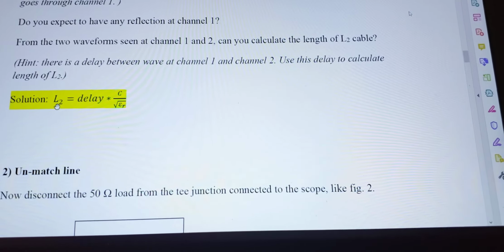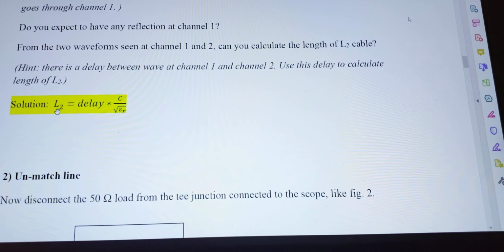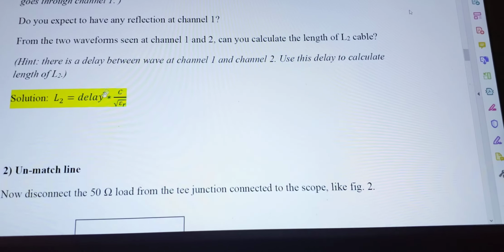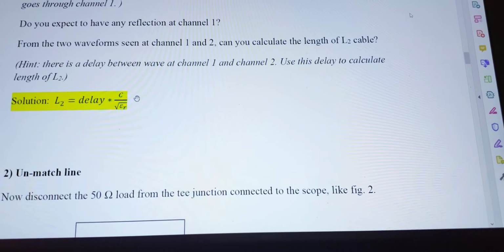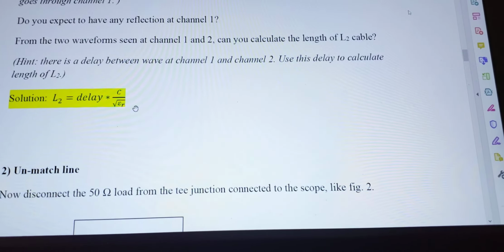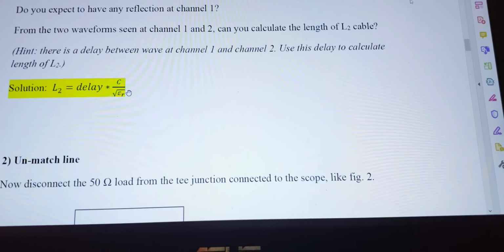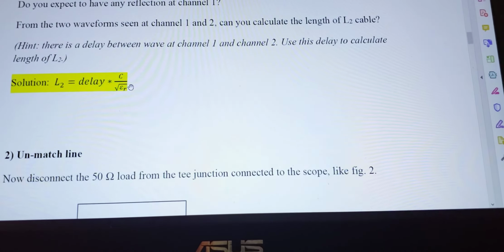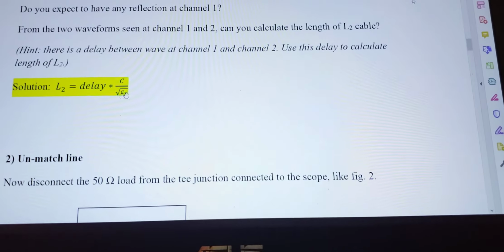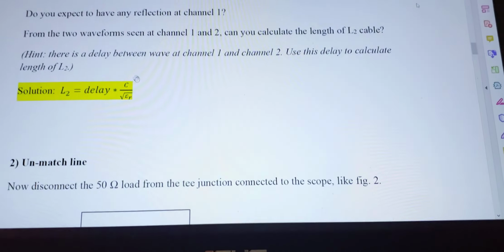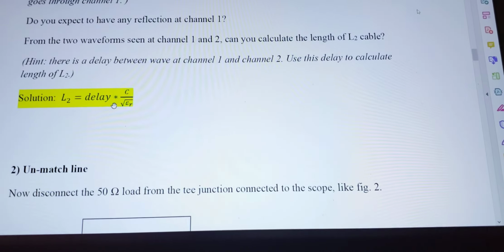This is a simple formula from physics, right? So this is the speed of the signal in the transmission line. If it were in free space, this would be 1 over epsilon r, and the signal would propagate at light speed.